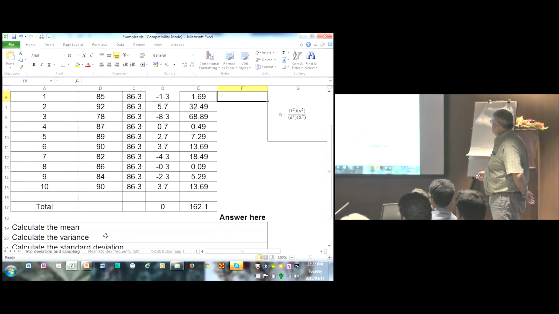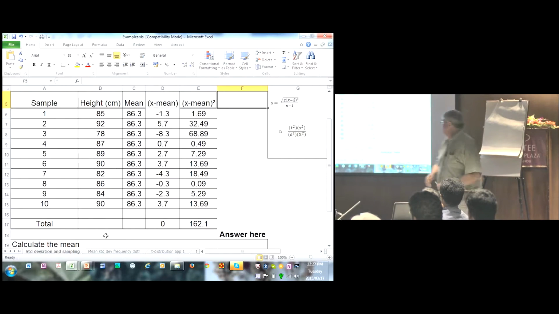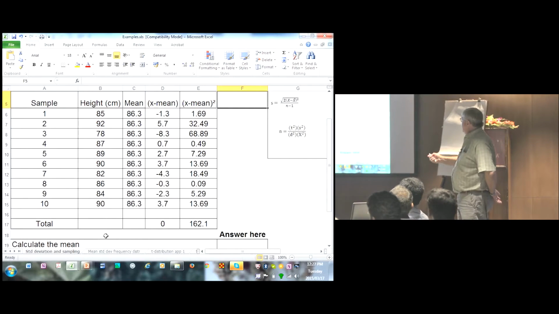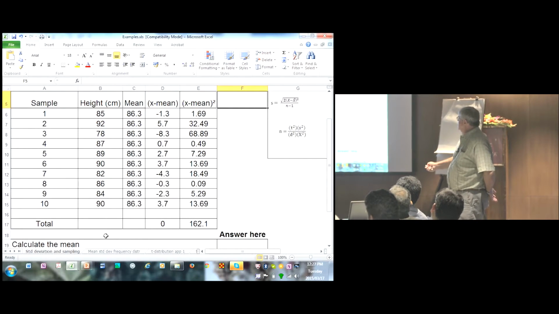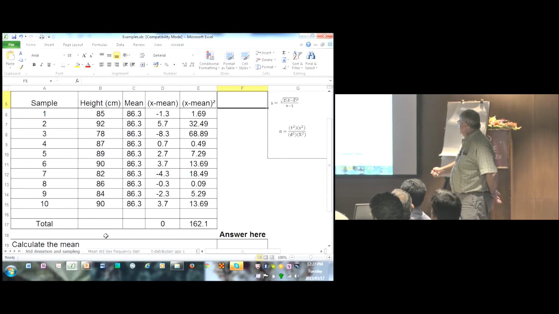There's the mean, and the mean is very simply, they're all added together and divided by 10. I then take the deviation from the mean for each value. I square them and add it together.